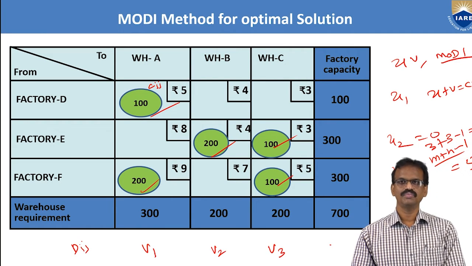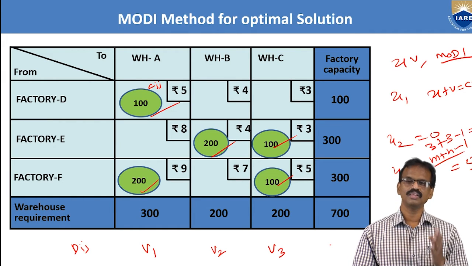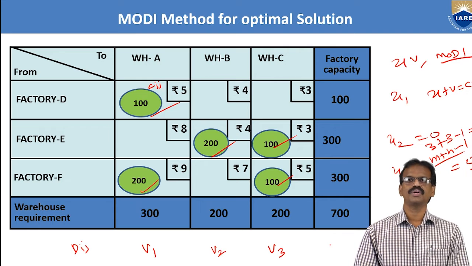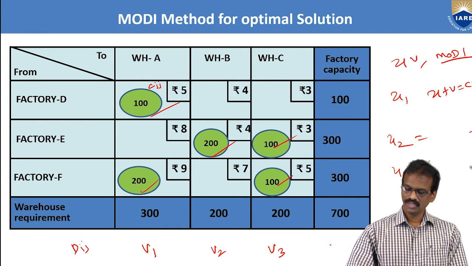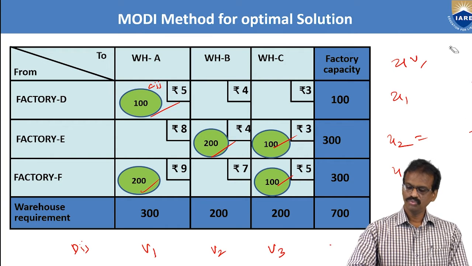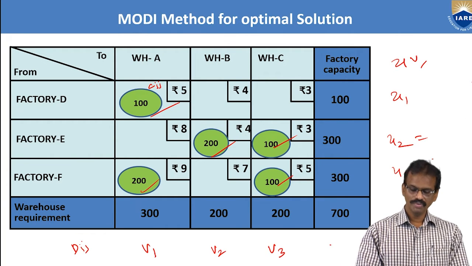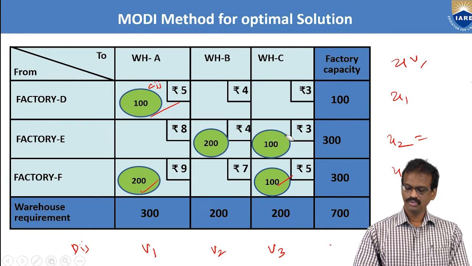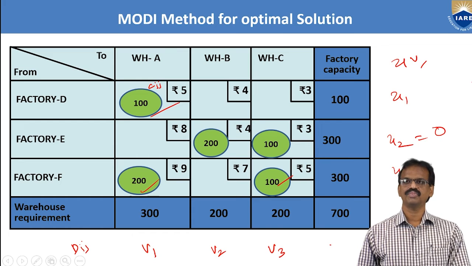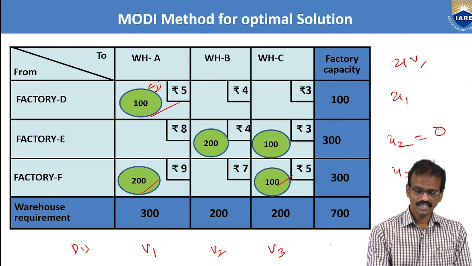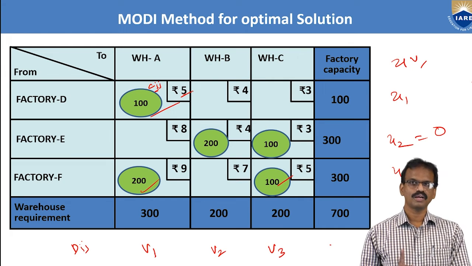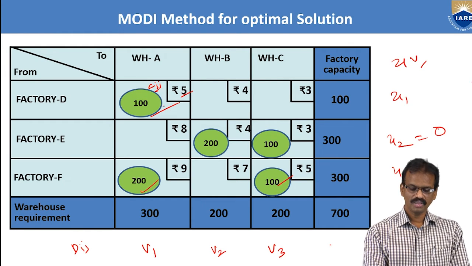If that value is equal to m plus n minus 1, then you can go for the modified distribution method. First of all, find the UV values. I take U2 equal to 0. The Cij value is the shipping cost of that cell.